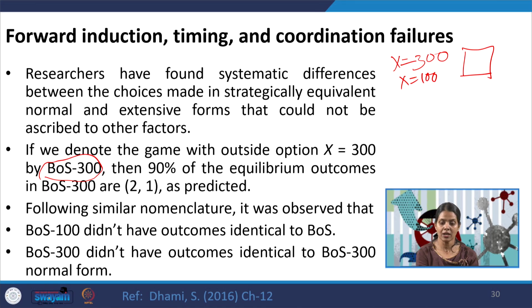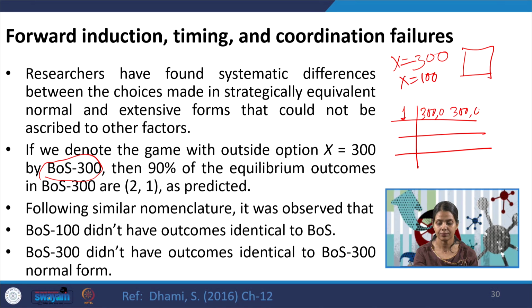BOS 300 did not have outcomes identical to BOS 300 normal form. So, BOS 300 is basically the extensive form with one first option of x equals to 300, and when we talk about BOS 300 normal form, then in that case player 1 will have one first strategy which is like 300 0 and 300 0.